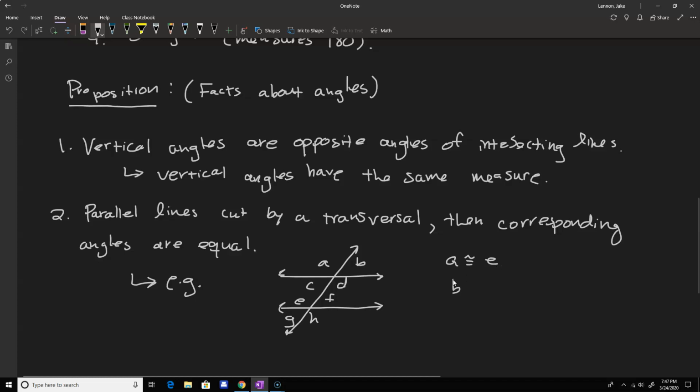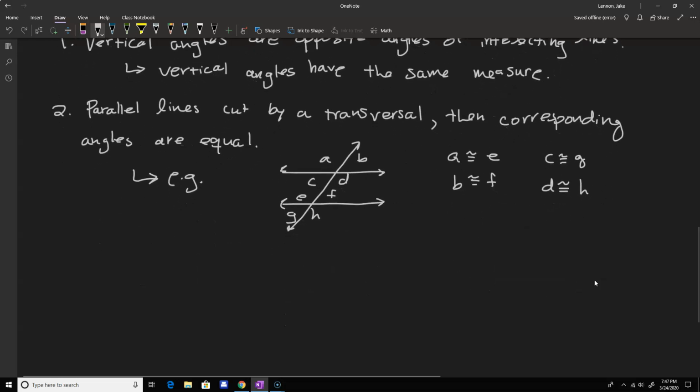This squiggly followed by an equal sign is just the geometric symbol for congruent, meaning that they have the same measure. So angle B is the same as angle F. Those are corresponding, and then you have two other pairs. So we would also have that C corresponds to G, and D would correspond to H. So all of those angles have the same measure.